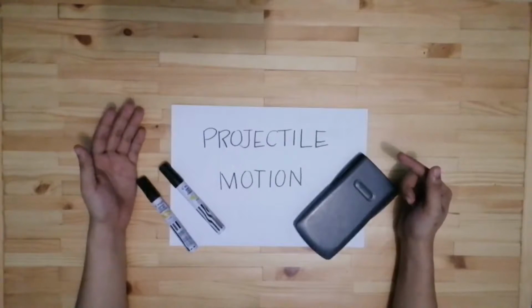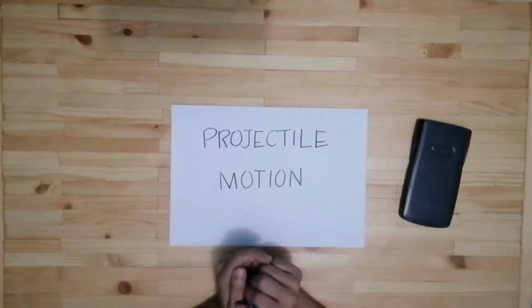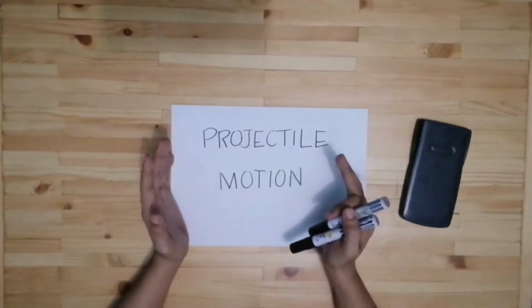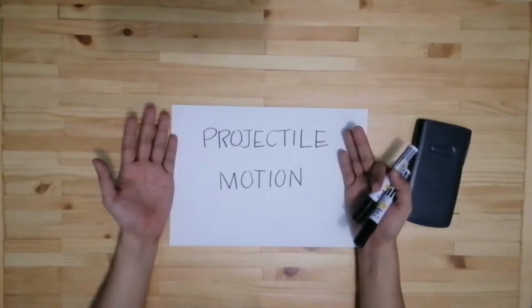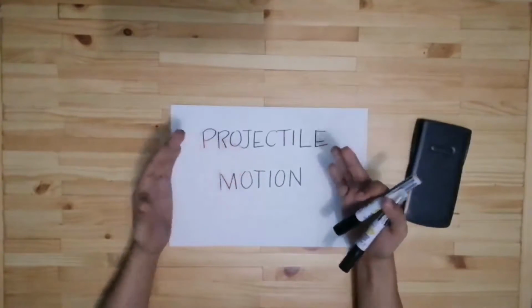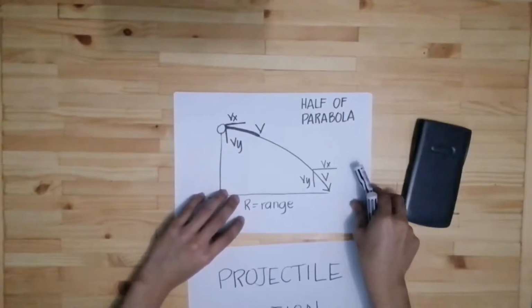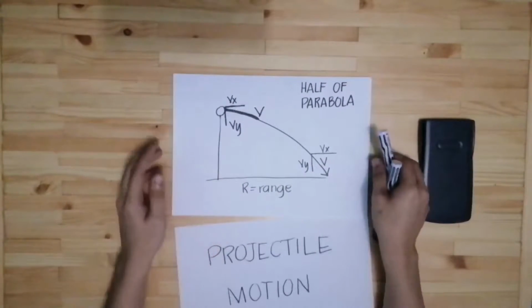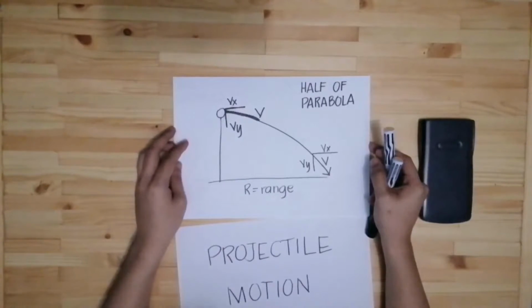we can classify this as projectile motion. So meron tayong dalawang uri ng projectile motion. Pwede kasi tayo makabuo ng half of a parabola, or we can also make a motion that is in full parabola. So tignan natin to. So ito yung example ng isang projectile motion wherein an object is being thrown from a given altitude.